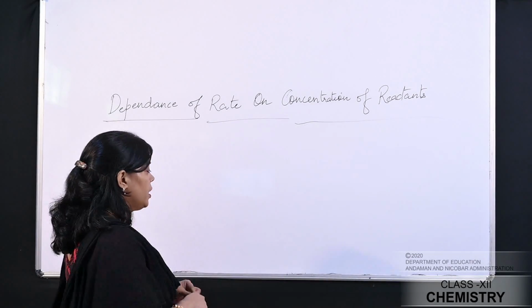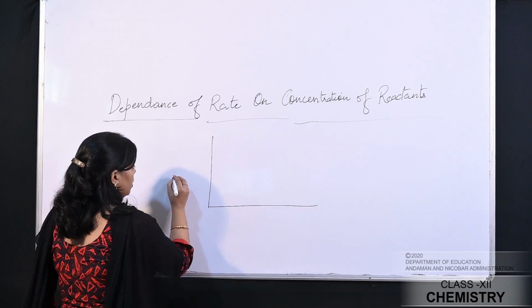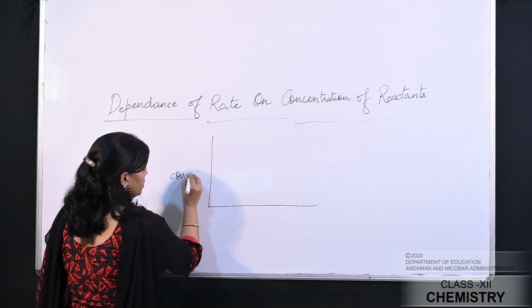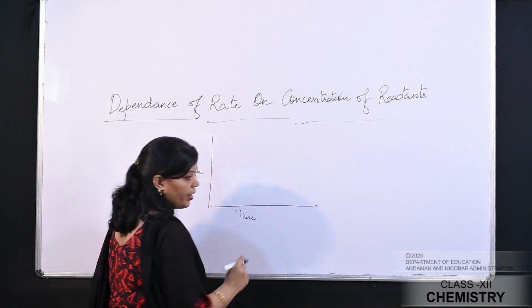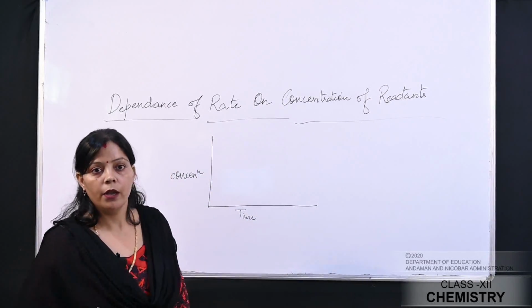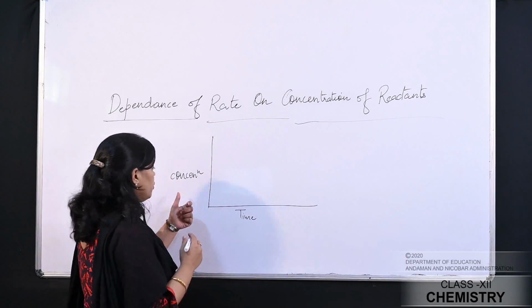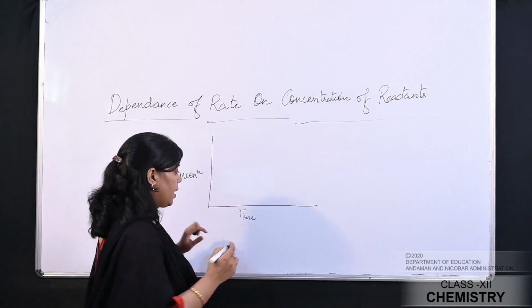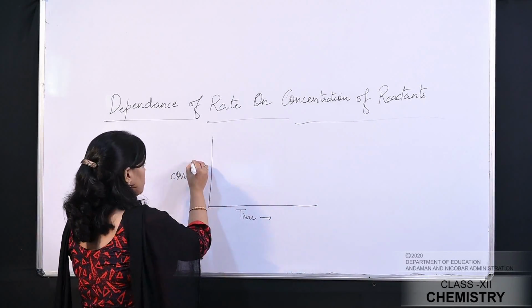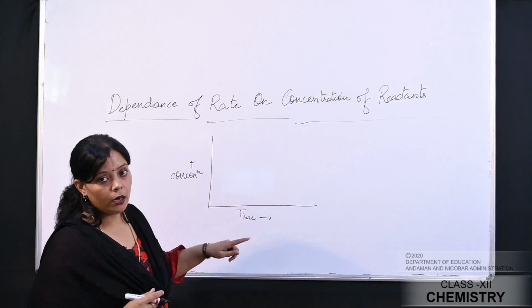As the reaction is proceeding, with the passing of time, we observe that the concentration of the reactant is decreasing, whereas the concentration of the product gradually increases. I am showing you with the help of this plot. On the x-axis I am taking the time, and on the y-axis I am taking the concentration of the reactant or product.